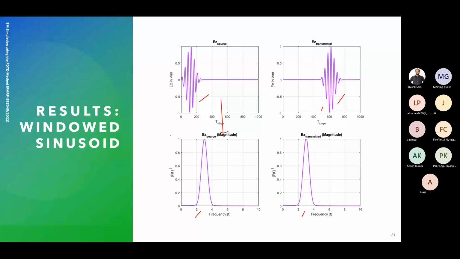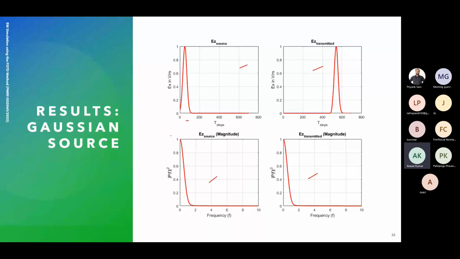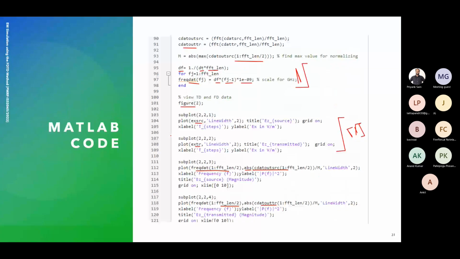Next, we'll start with the formulation using flux density. Maybe I'll go back to the code part. I'll pause over here.